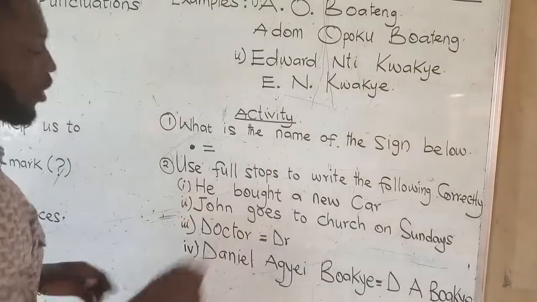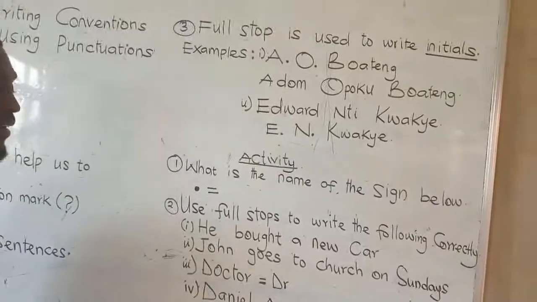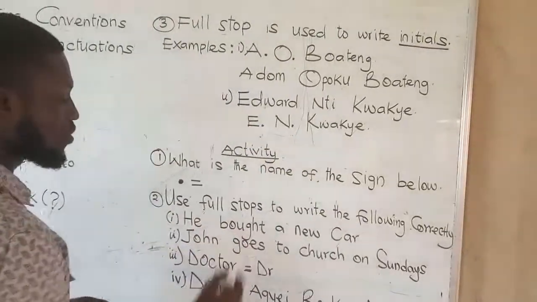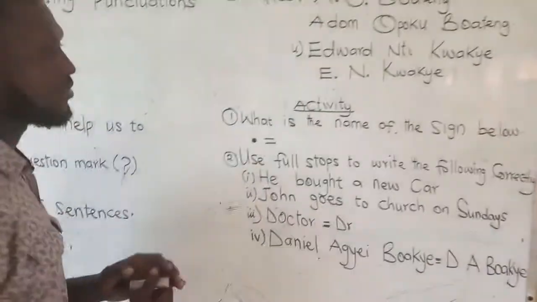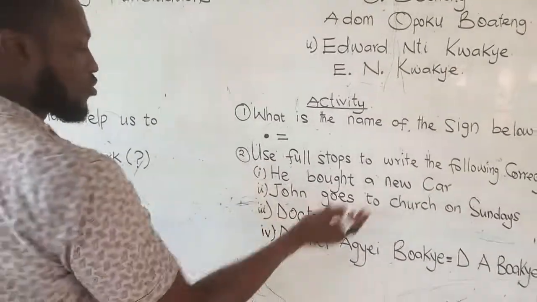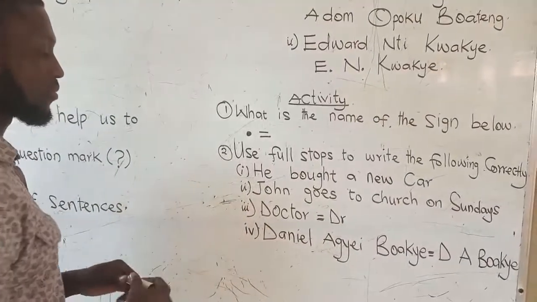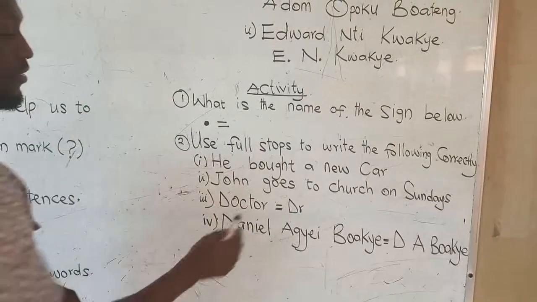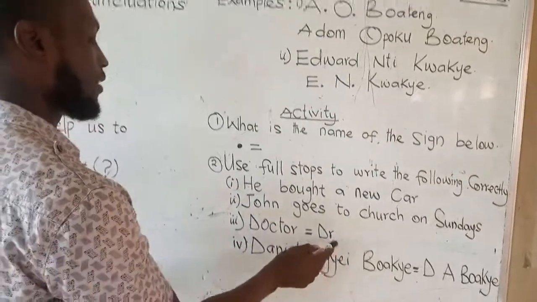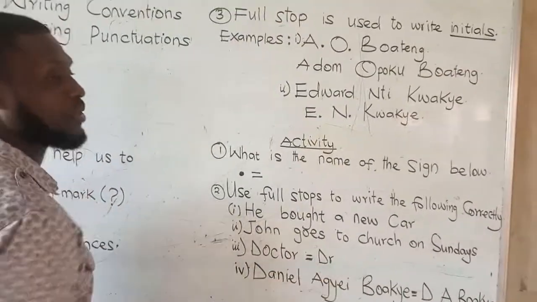Two. John goes to church on Sundays. John goes to church on Sundays. We are using full stop to correct this as well. Then the third one, we have doctor. Doctor. And the abbreviated form of doctor is written here.